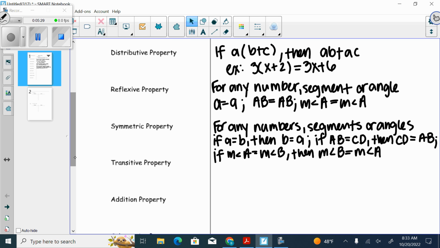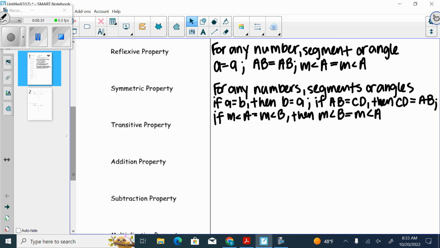Okay. Then we have our transitive property. Okay. So transitive property is similar to that substitution property in that it's still going to be for any of our numbers, segments or angles. But basically, if you know something equals something else, and it's also equal to something, you could say those two things are equal to each other.